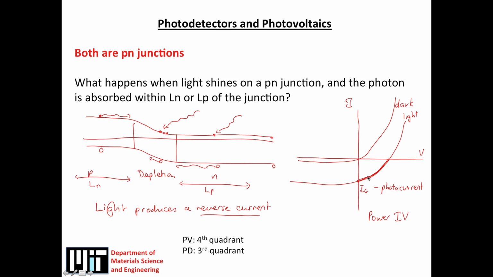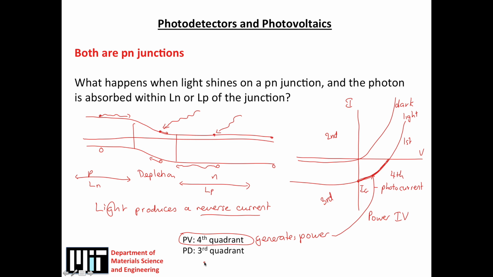So this region corresponds to a photovoltaic. We're generating power. And in order to act as a photovoltaic, you have to be operating somewhere in this region. It's called the fourth quadrant. The quadrants go first, second, third and fourth, like this.